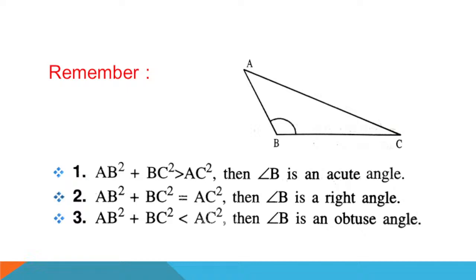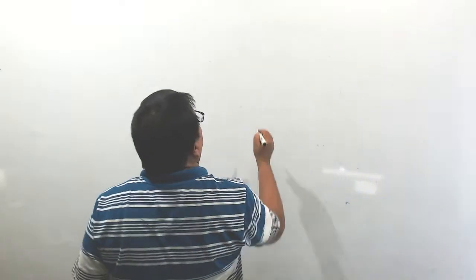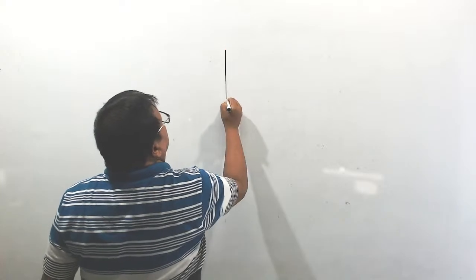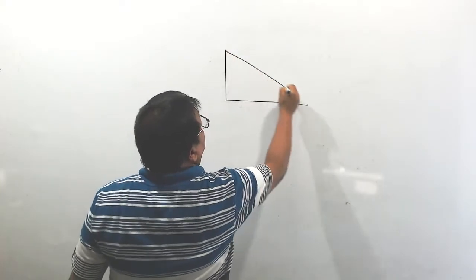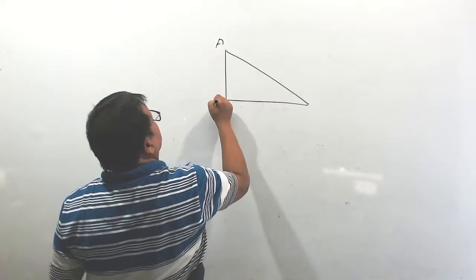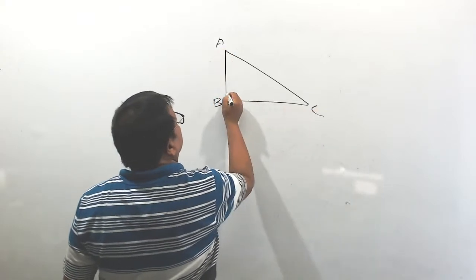Now, of course, you will remember, this is a very important property for triangles. In future, you will use this property. What is this? Say, right angle triangle A, B, C. This angle is a right angle.